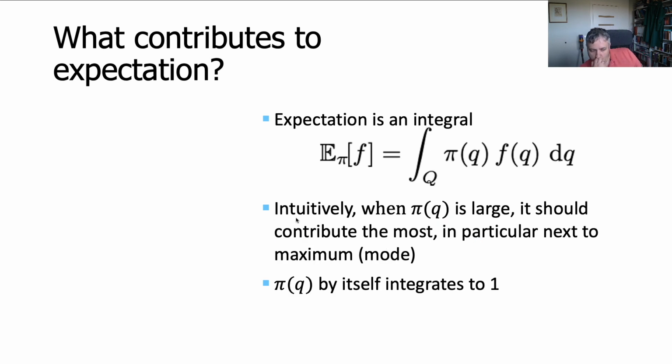And the bigger question is what actually contributes to the expectation. Our intuition from the one-dimensional computation suggests that when we are integrating a function, the most important points are those points where the function is large.